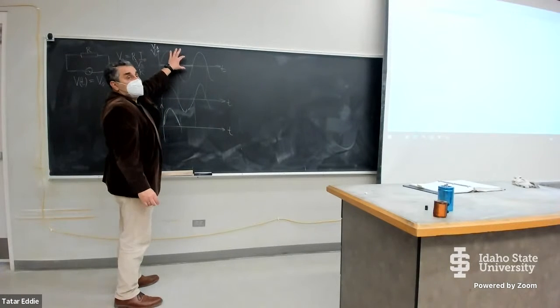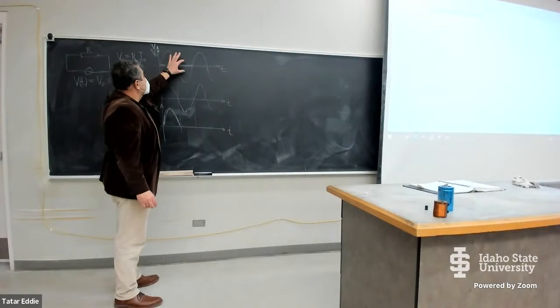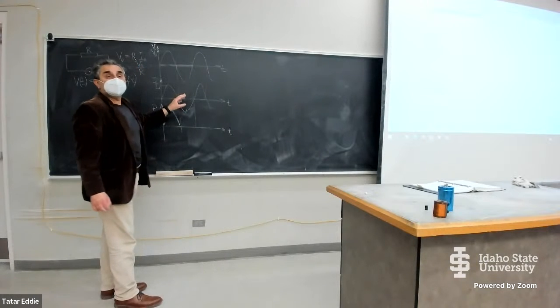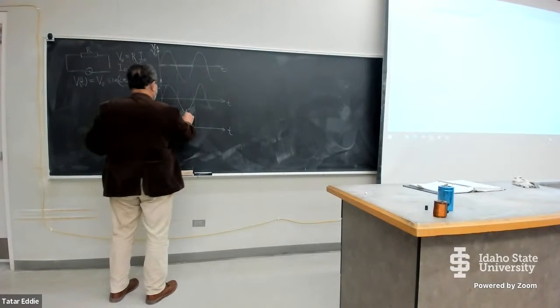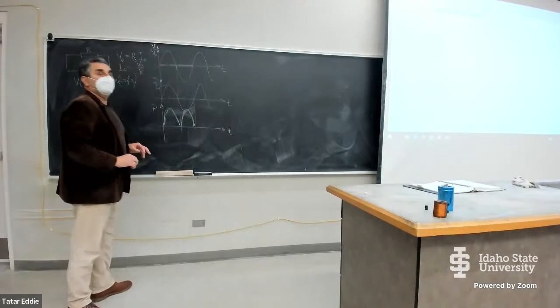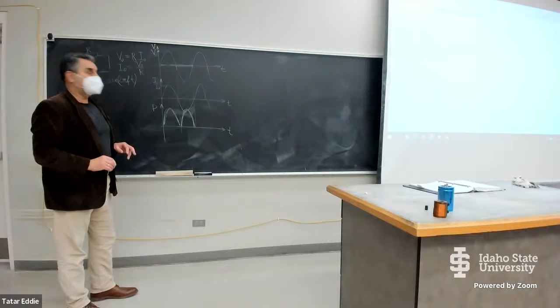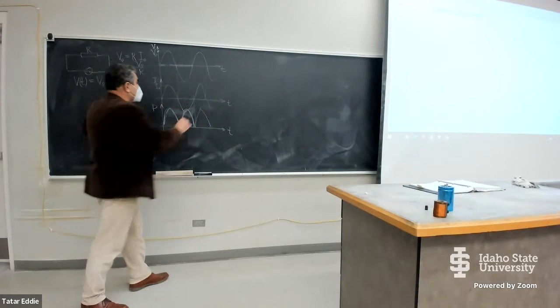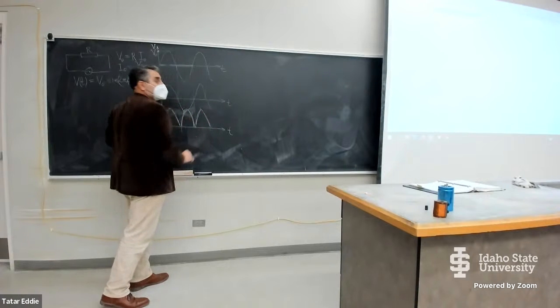At the next half of the period, the voltage is negative, but the current is also negative. The product of two negative numbers is another positive number. So the power consumed is again going to be the same positive power, and so on. So the average power consumption, of course, is going to be some positive number.